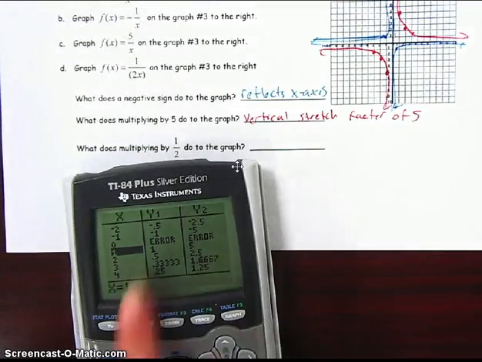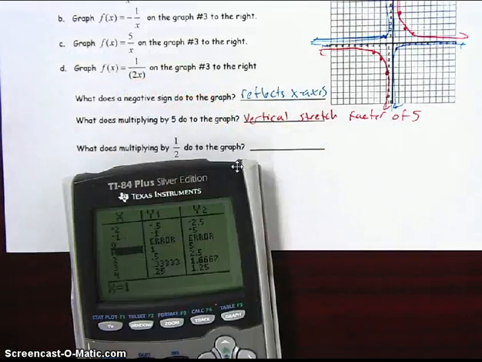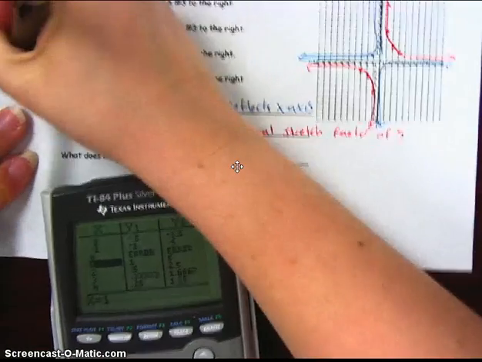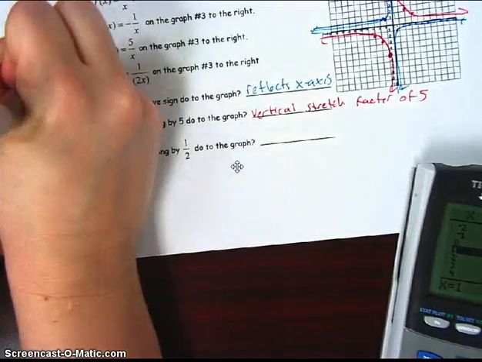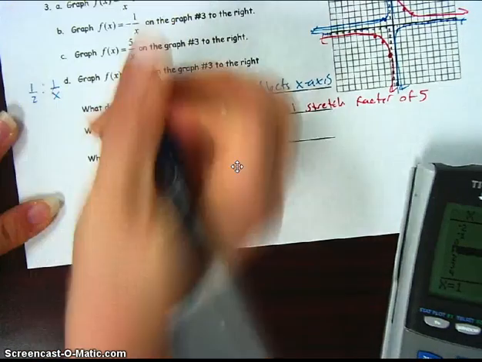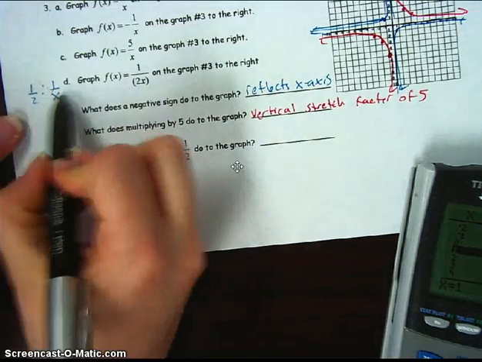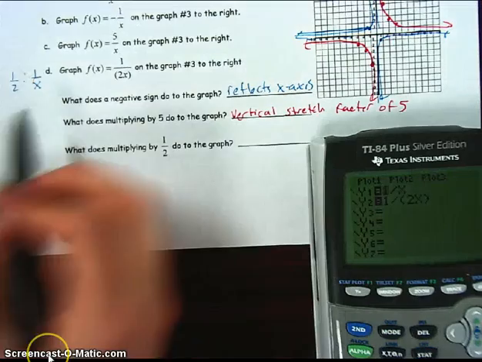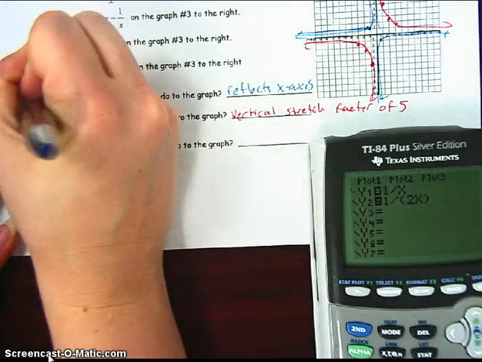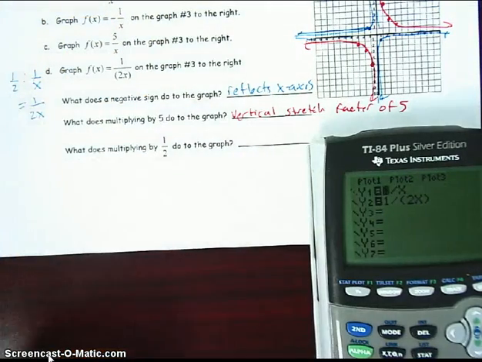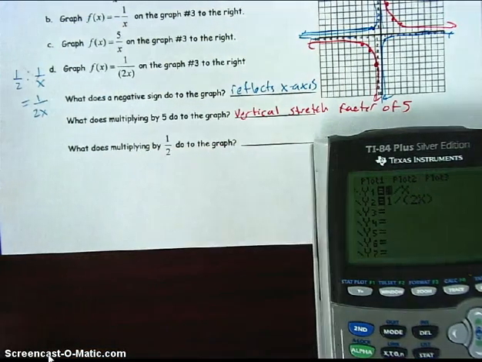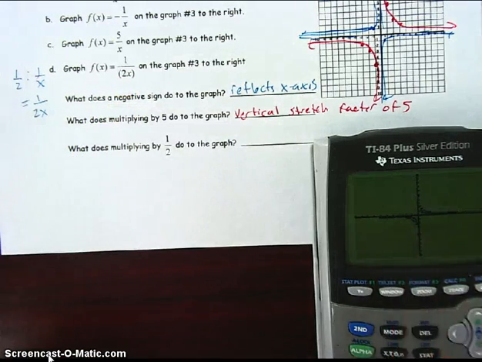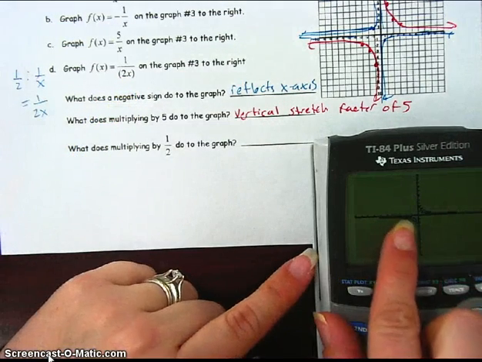Okay, so when we look at the 1/2, what that's going to do to our graph, if you notice the 1/2, you could write it as 1/2 times 1 over x, but that's just 2 fractions, so if we multiply this together, we'd have 1 over 2x. So when you multiply these, that's the same thing as 1 over 2x, which is why it's written this way. So when we graph that, 1 over 2x, if you notice, the original one is out here.